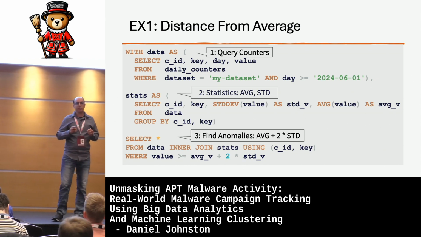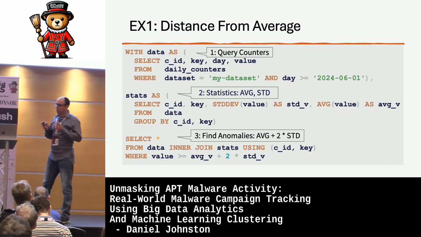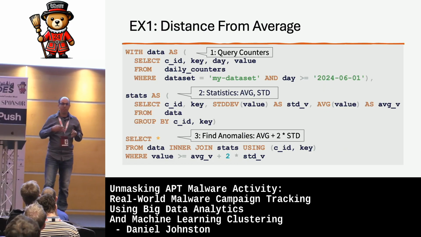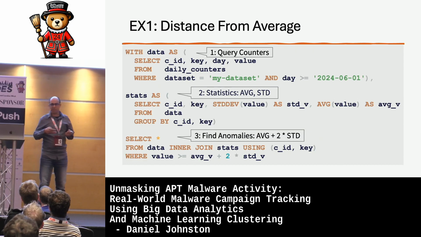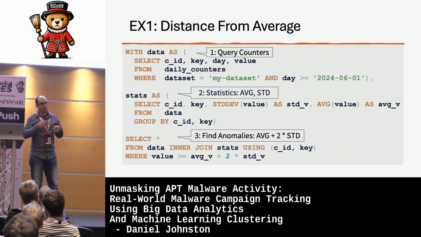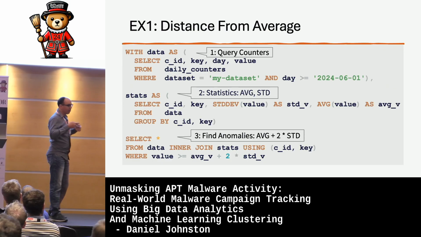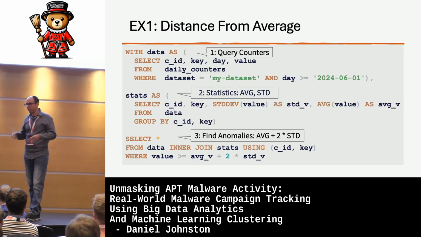The first example is pretty simple. The first step is to collect the data from our dataset. The data is already collected and saved in our database, so we query the data for a specific dataset. We query all the counters, all the keys, and hold them in memory for a certain period of time, for example, 90 days back.